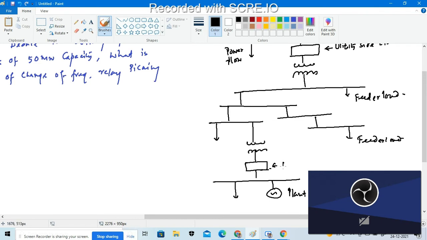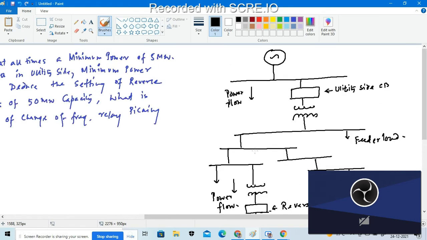This is my reverse power relay, and the power will flow in this direction, although it will not be closed. Okay, and this will be my feeder load, and this is my local load that will be connected across this particular grid.